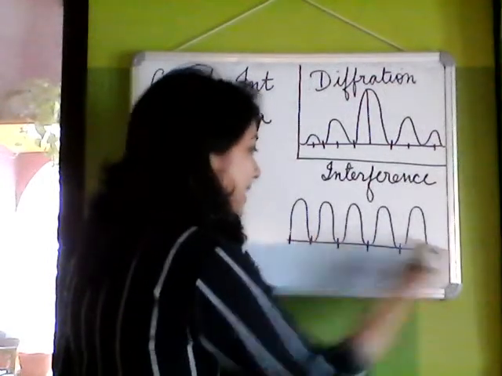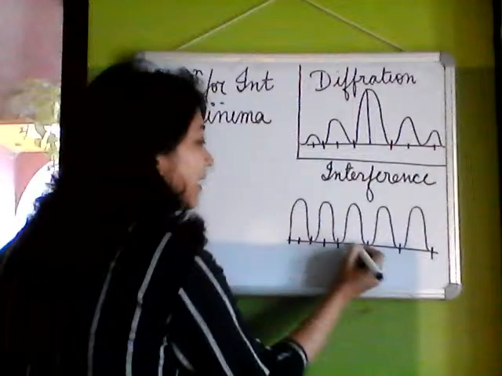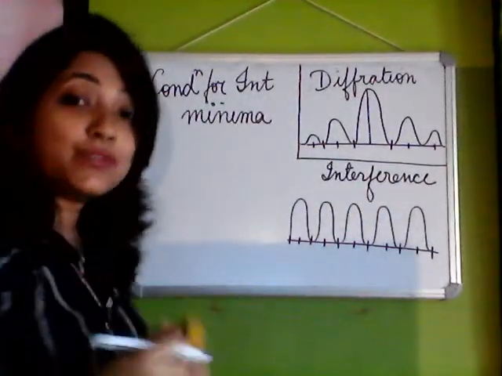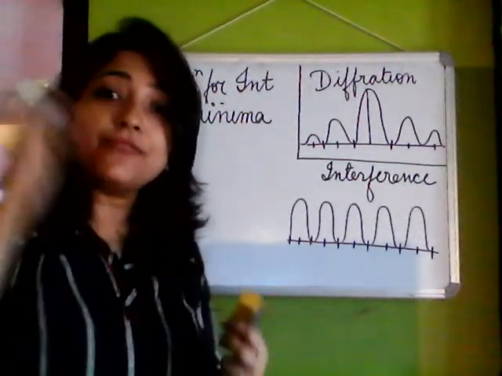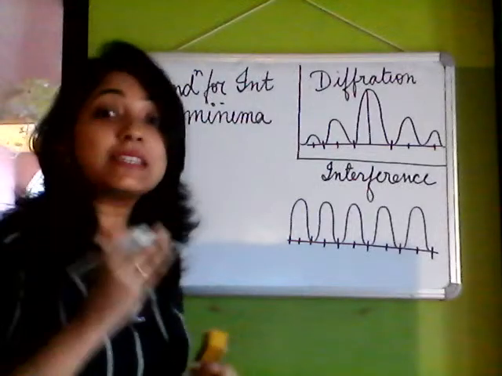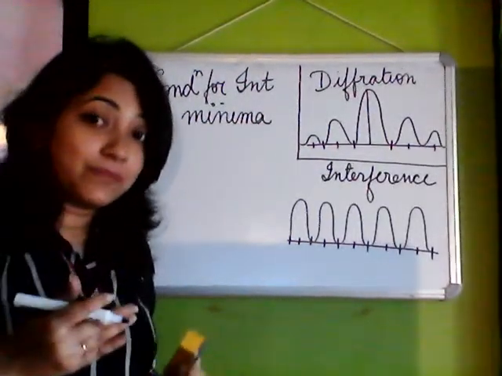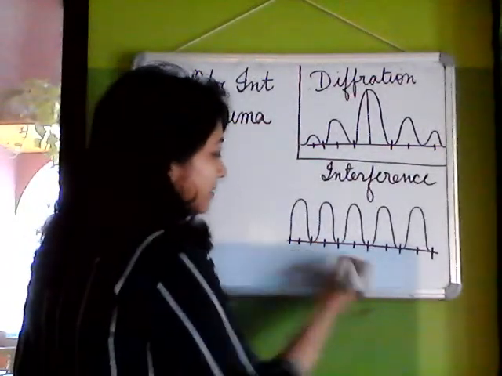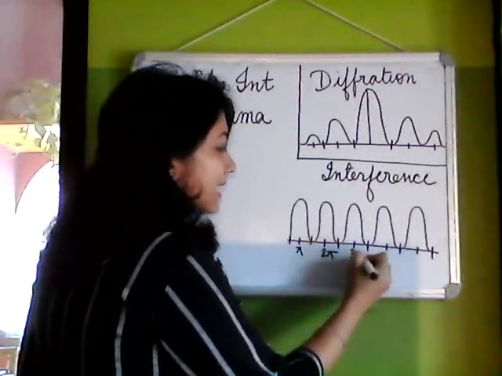That in this case, we are going to get the maxima just opposite to the values of diffraction maxima. Opposite in the sense, if diffraction is giving me the maxima at odd values, in this case, I'm going to get the maxima at values like n equal to pi, 2 pi, 3 pi, and so on.